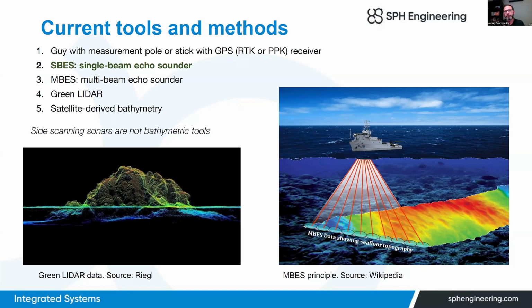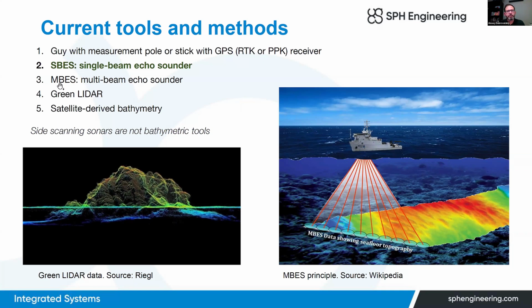It works perfectly for a more or less safe environment and, of course, not very deep water. Single beam echosounders, which is what we are discussing today, are the oldest, proven and robust technology. It measures the depth at a single point at a time.